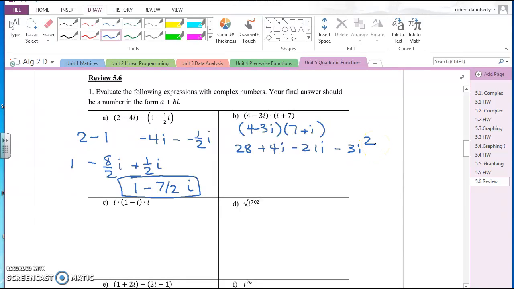So that's 28 plus 4i minus 21i minus 3i squared. So that is 28, and this is 21 minus 4, so that's minus 17i. And then minus 3 times negative 1. So that's 28 minus 17i plus 3. So that's 31 minus 17i.